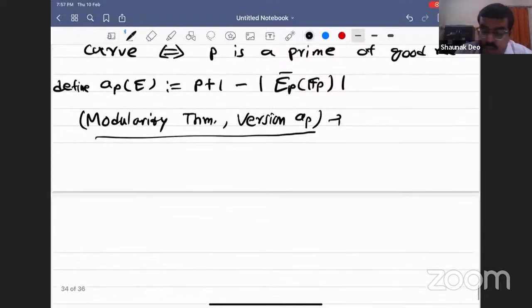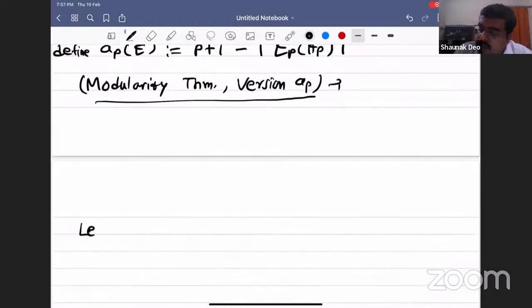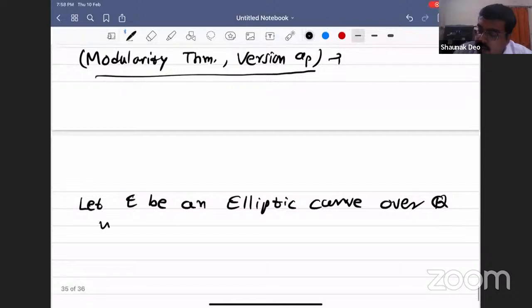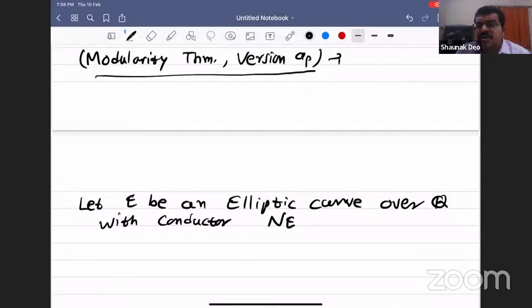Modularity theorem, version AP. It says: let E be an elliptic curve over Q, and let its conductor be NE. So this NE, the conductor, basically has the information of which primes are of bad reduction and how bad the reduction is.